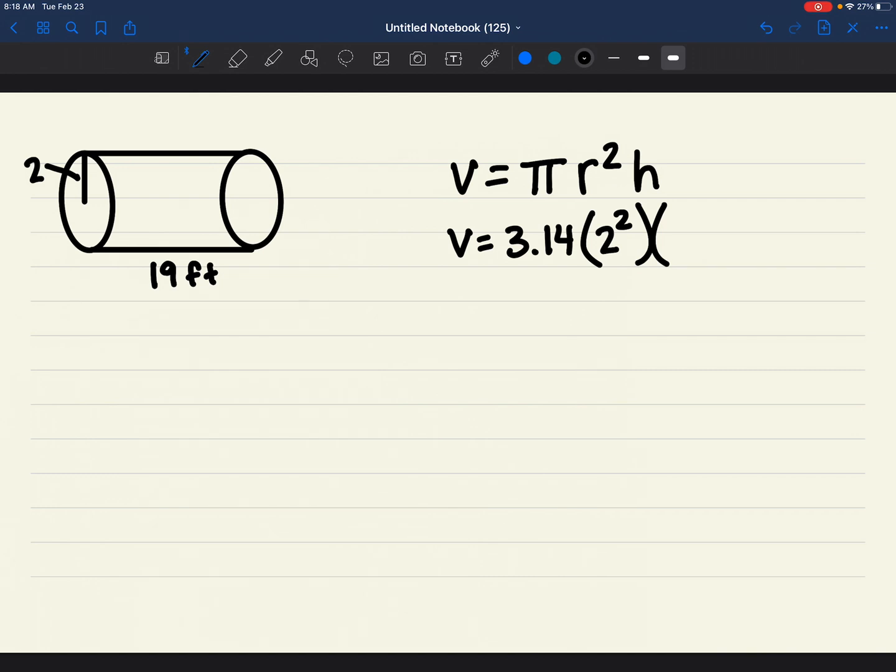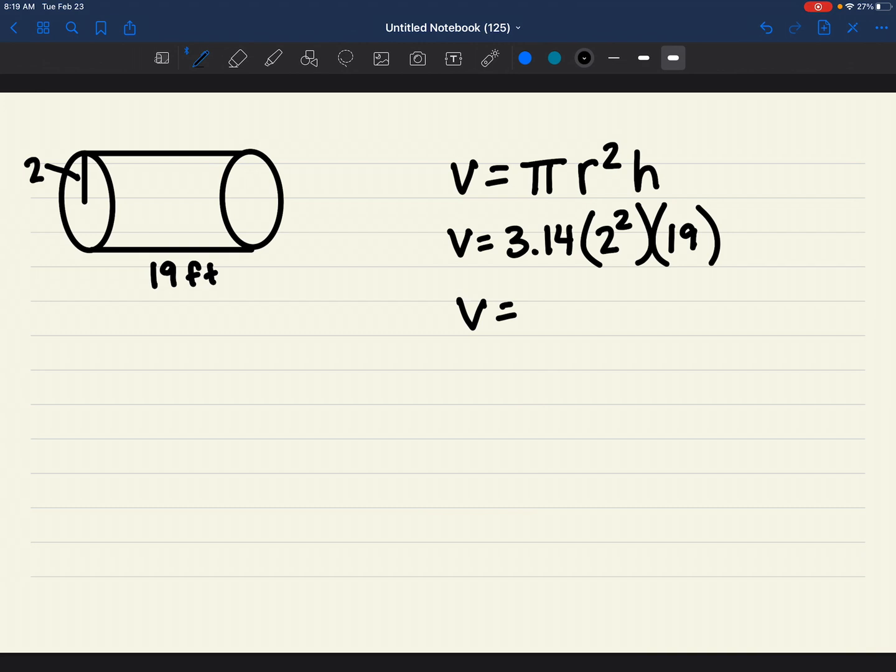What do I plug in for r? 2 squared. And what do I plug in for the height? 19. Good. Notice the height is here on the bottom, but if it's not sat on the base, we have to imagine that it's sitting up on that base.